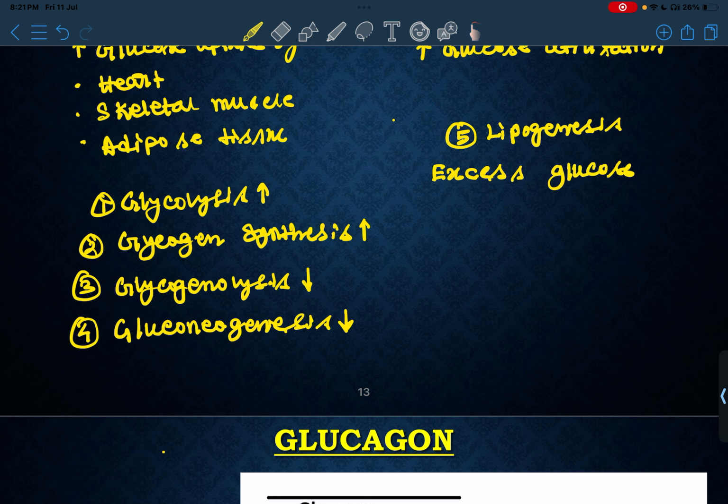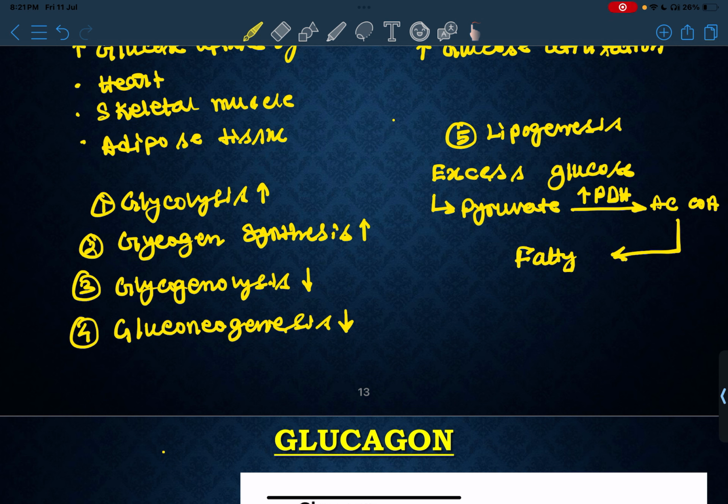Excess glucose is converted to pyruvate, and pyruvate dehydrogenase converts it to acetyl coenzyme A. This is converted to fatty acid, and the fatty acid is stored as triacylglycerol.